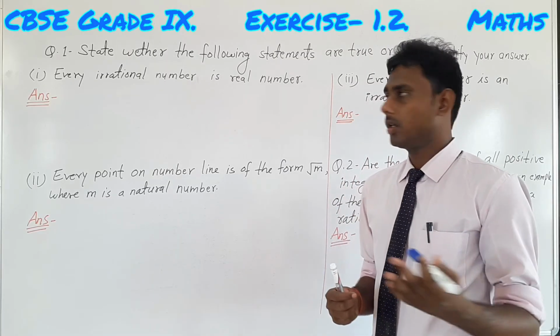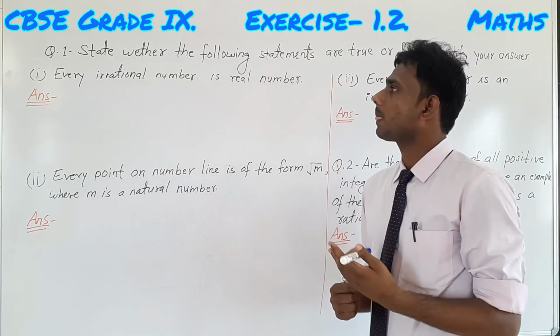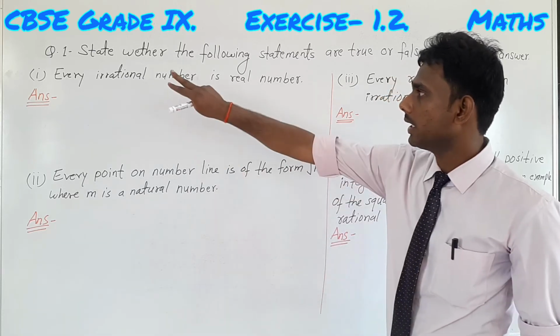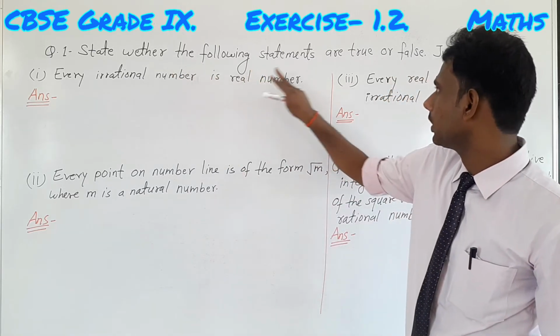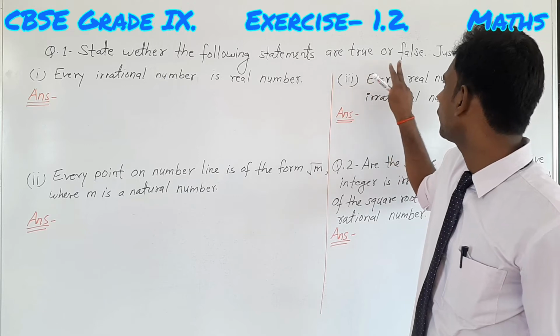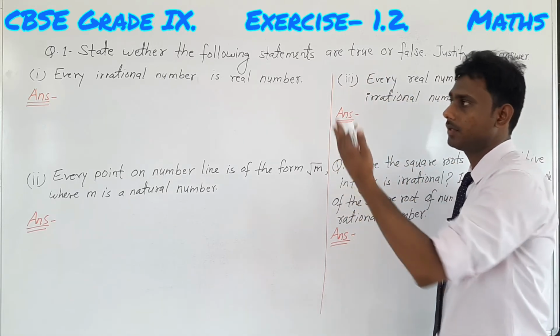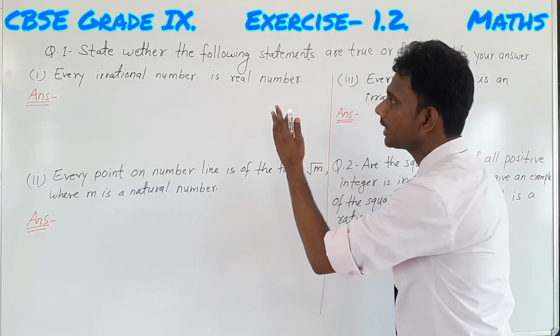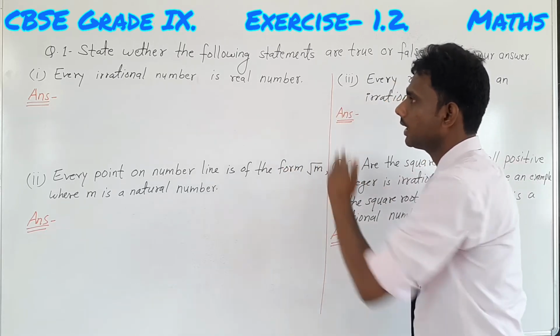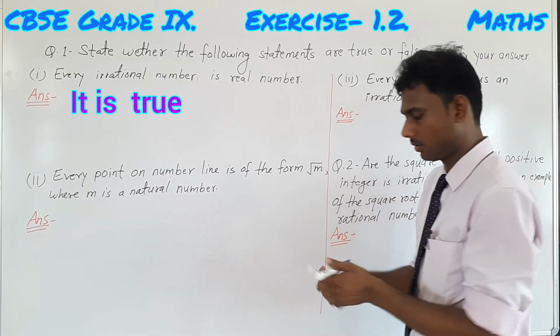Now we are going to solve exercise 1.2. Question number 1. State whether the following statements are true or false. Justify your answer. First part, every irrational number is a real number. It is true.